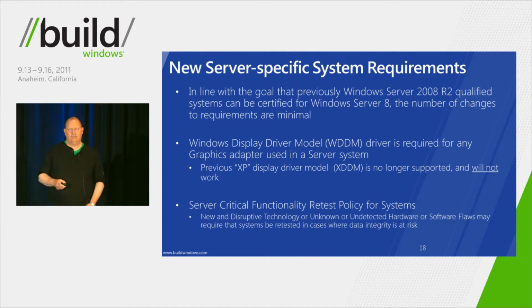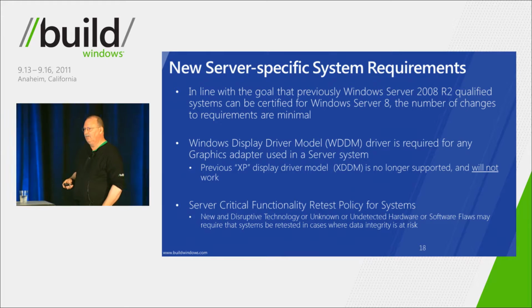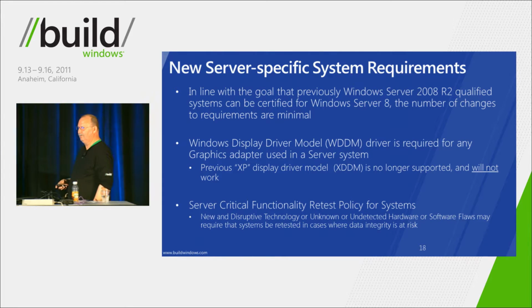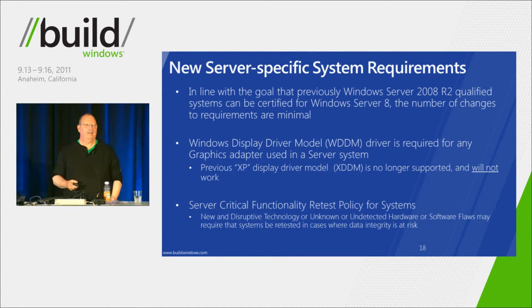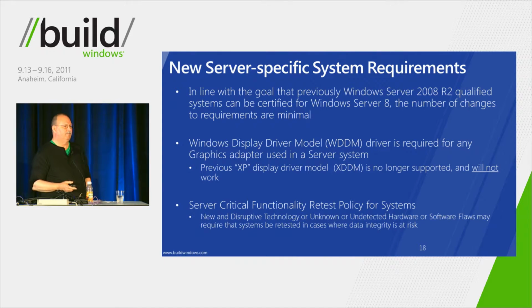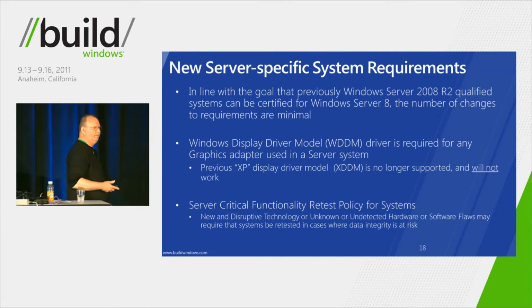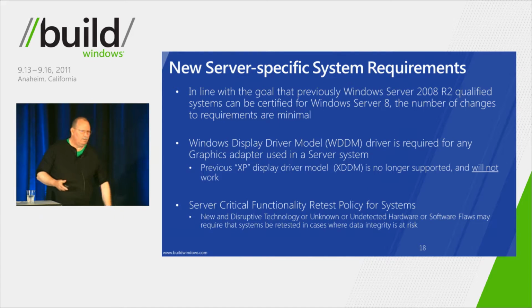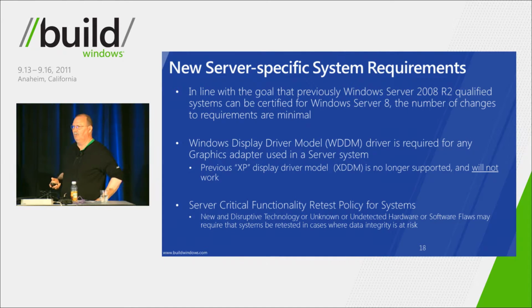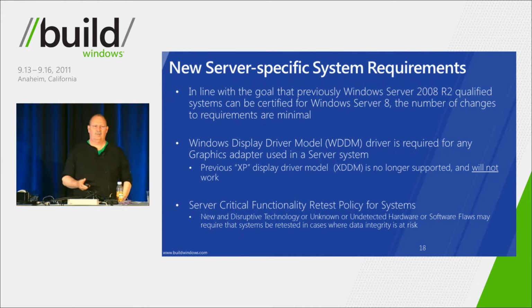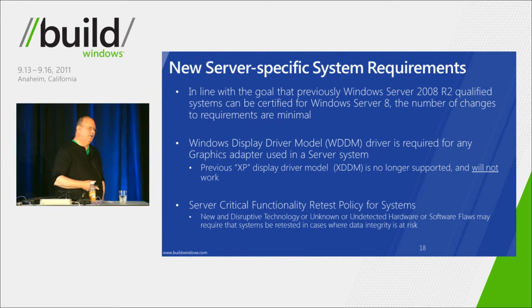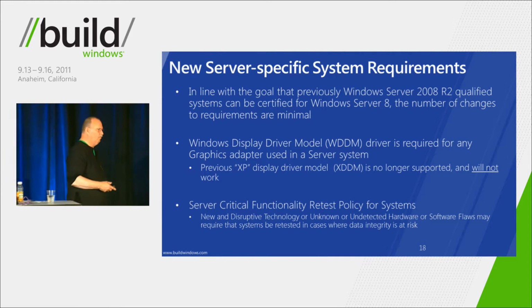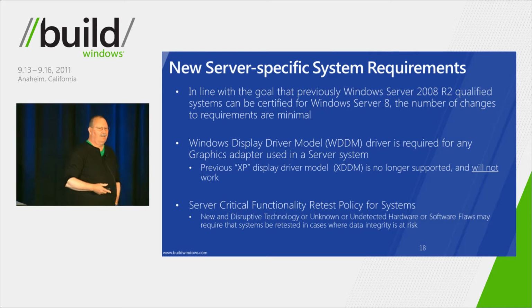The other thing that we have is a critical functionality retest policy. Now, this isn't really a requirement on the hardware, nor is it a requirement on device drivers. It's a requirement that has to do with the fact that there's always technological change in the industry. So over time, we've seen new technologies come like Fiber Channel over Ethernet, and so on and so forth, x2APIC.